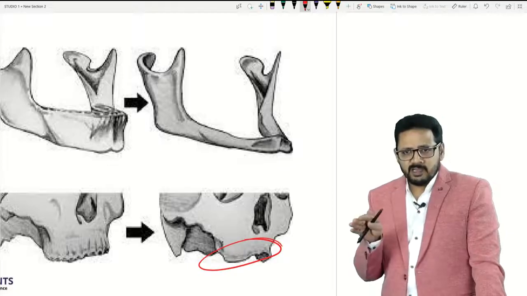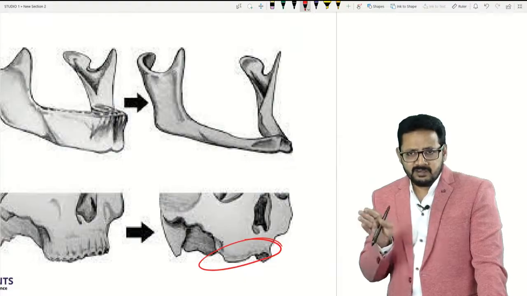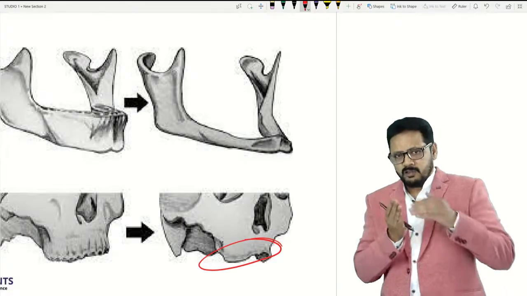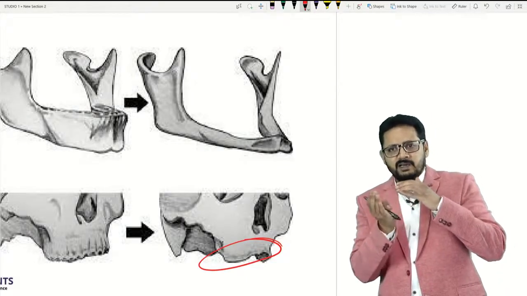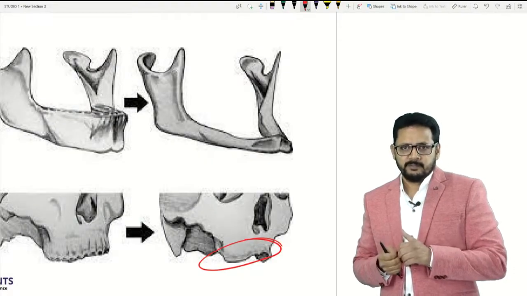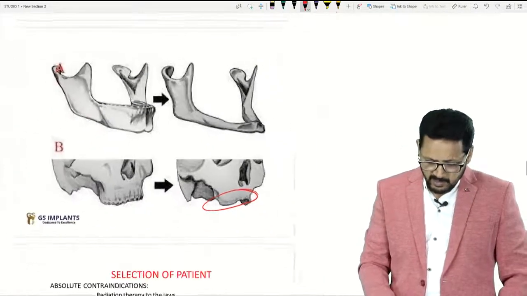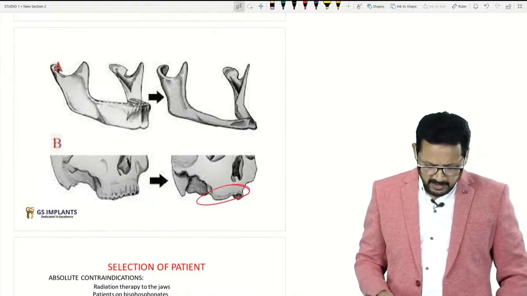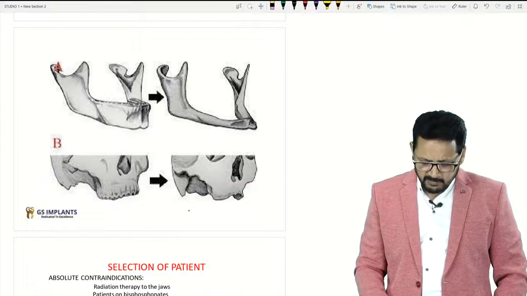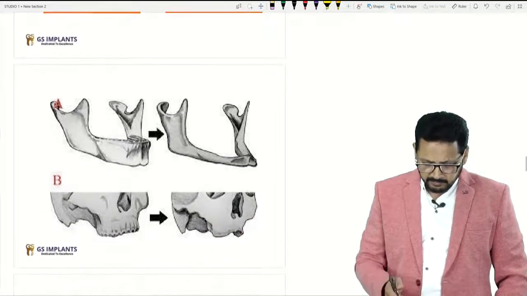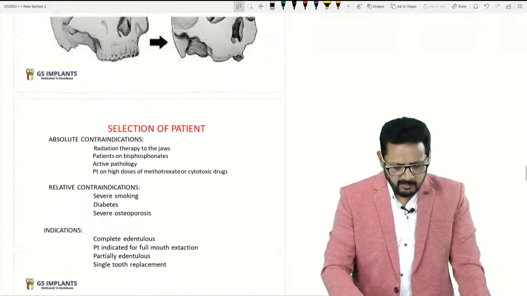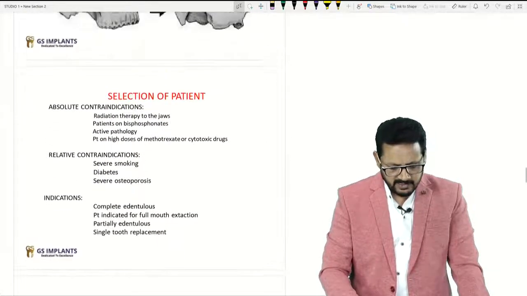So in such extreme cases, at least try to give an edge-to-edge bite. Just because it's like that, don't try to give a class 3 occlusion. It's not going to serve the purpose. Okay, so knowing about the resorption pattern is very, very important, right? So with this brief anatomy, now let me move on to the selection of the patient.